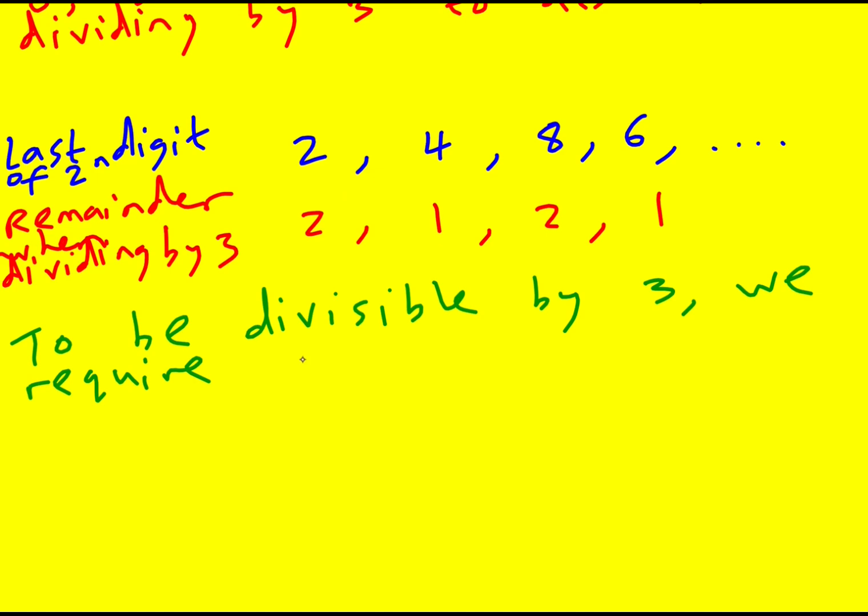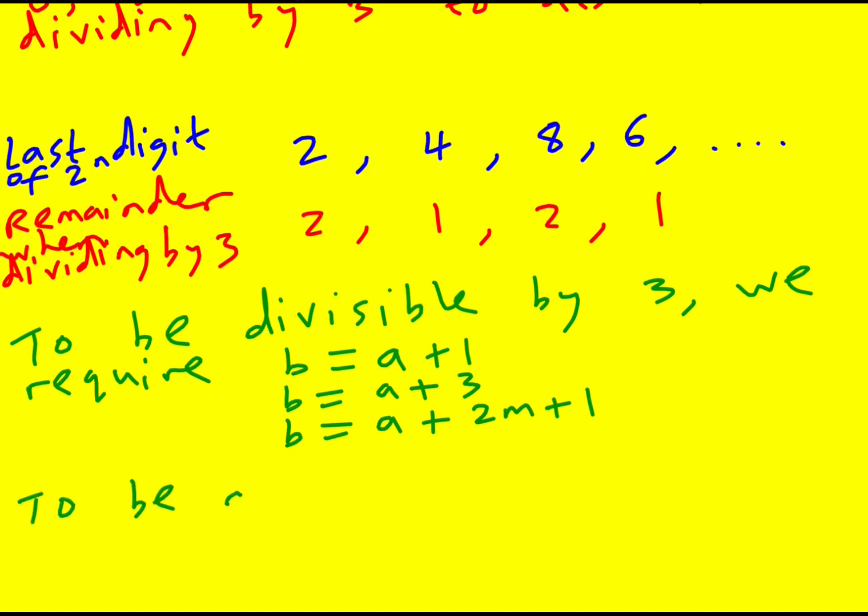So we're going to require that B is equal to A plus 1, or A plus 3, or any odd number. So 2m plus 1, for example.